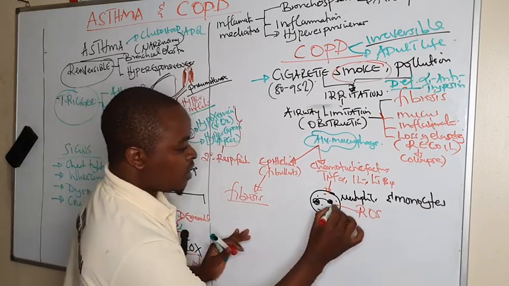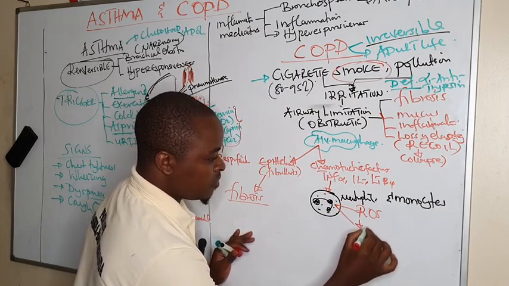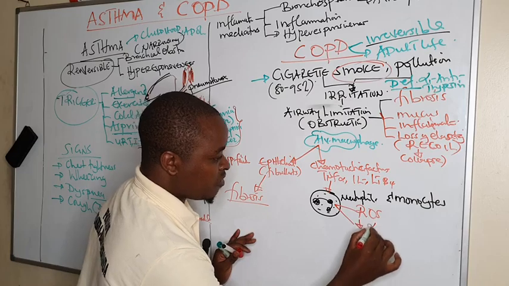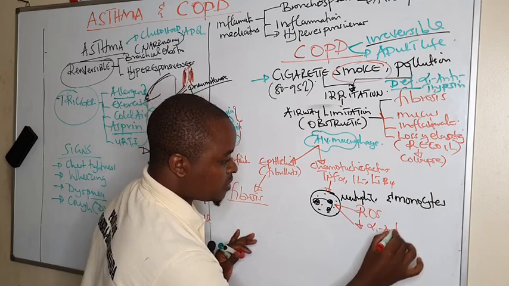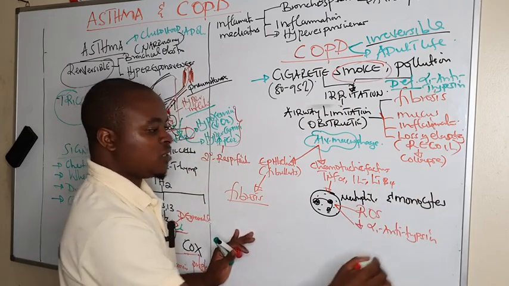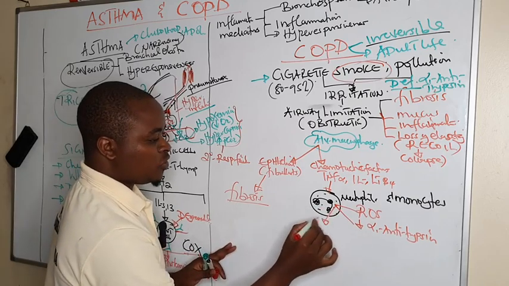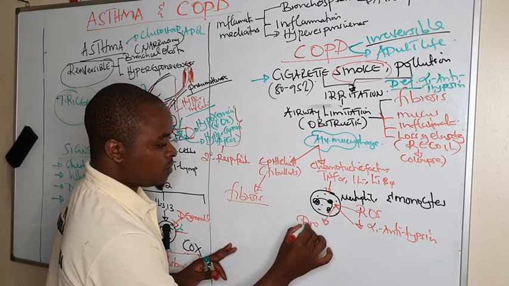Then another thing, they are going to decrease levels of alpha-1 antitrypsin. So the levels of alpha-1 antitrypsin decrease, and at the same time they are going to produce proteases.